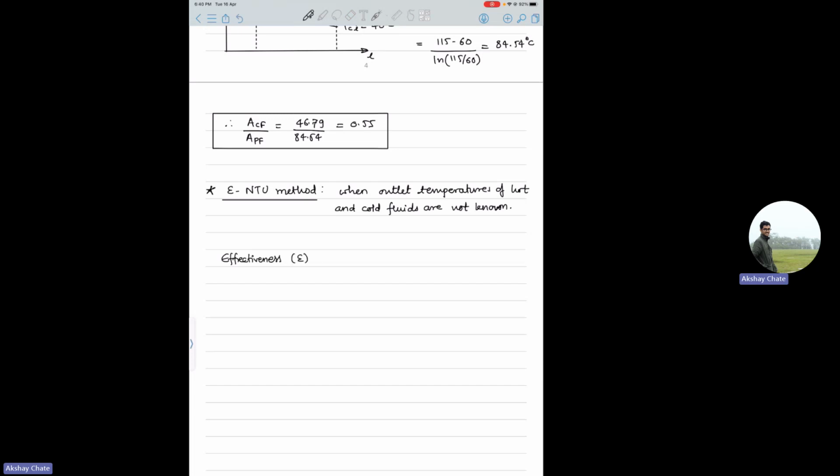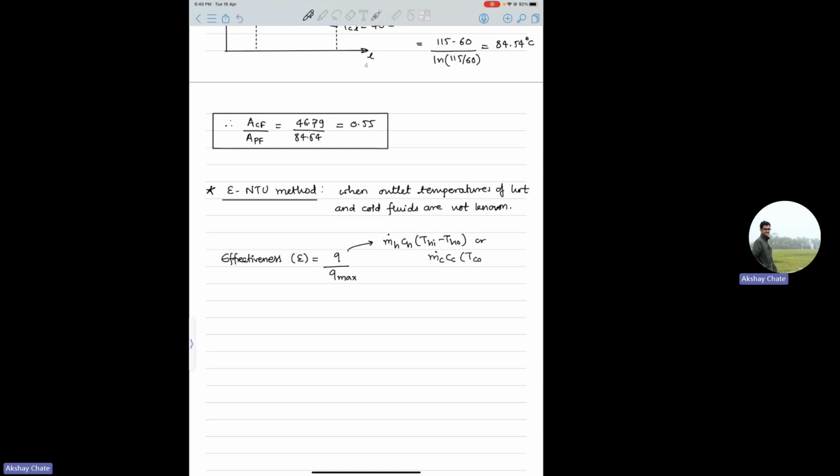It is Q actual divided by Q max, and Q actual can be defined based on your hot stream, or it can be defined based on your cold stream also.